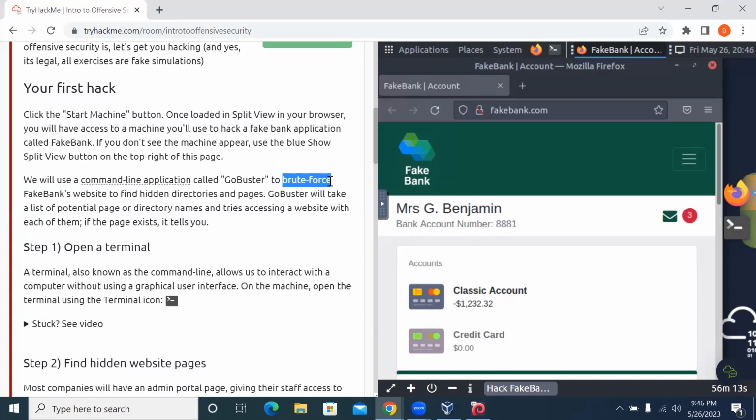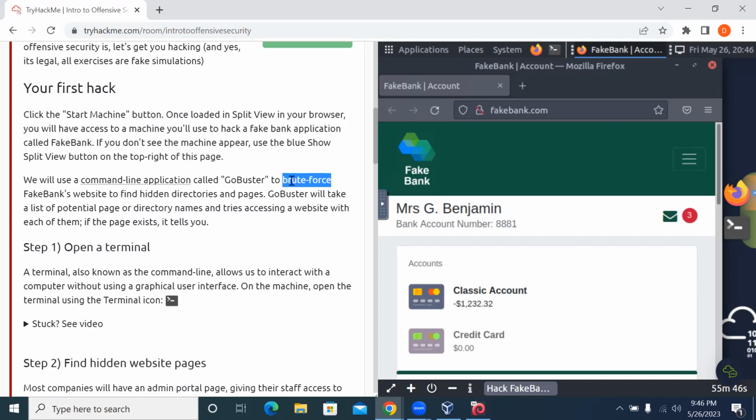But in this task, we'll be using GoBuster. Also, since this course is a crash course for hacking, maybe after this, like I told us from the beginning, we'll be doing a general cybersecurity course whereby we'll be touching other things that we are not touching in this class.